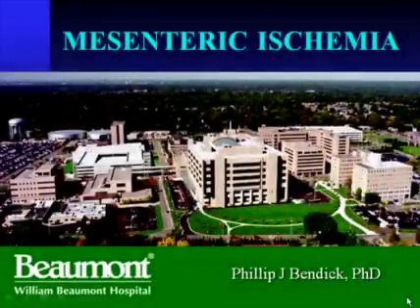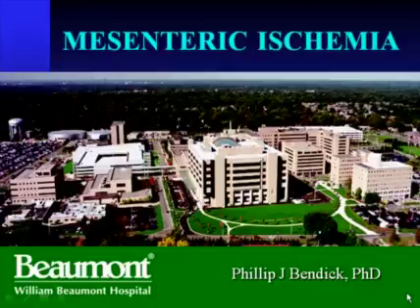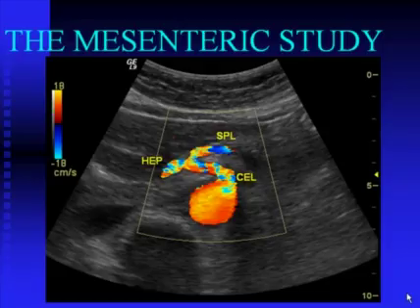Good afternoon. I'm going to talk to you this afternoon about mesenteric ischemia and some of the Doppler techniques we have using duplex ultrasound to evaluate that particular disease process.